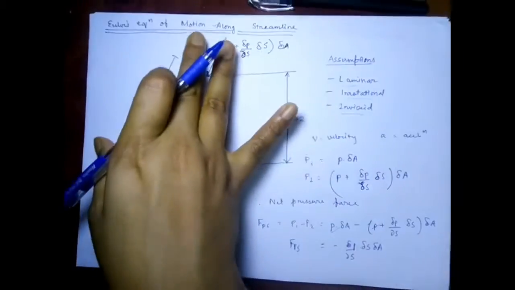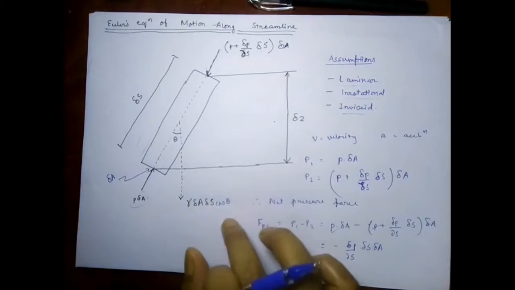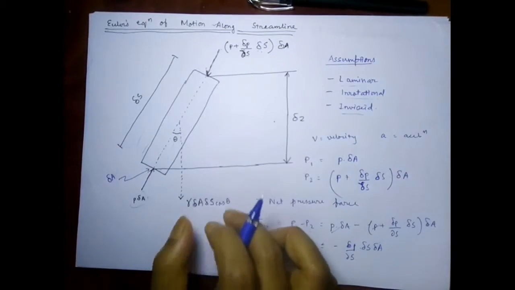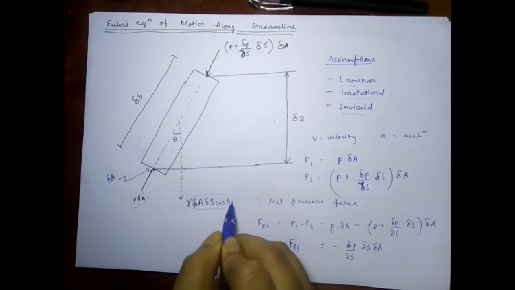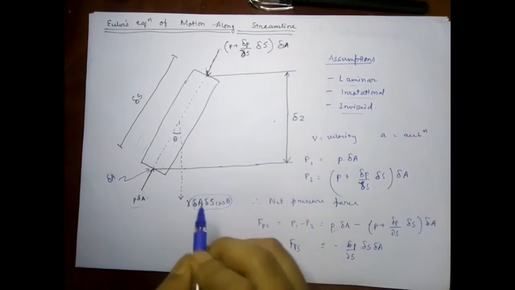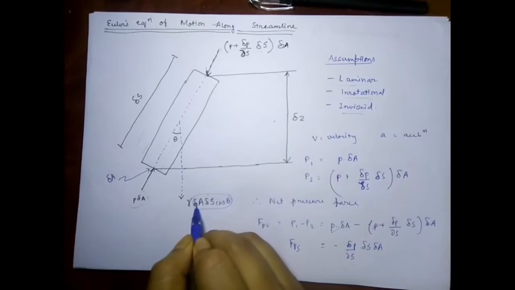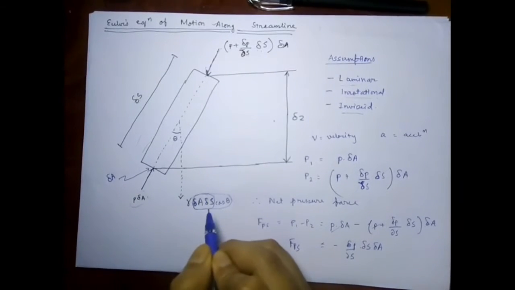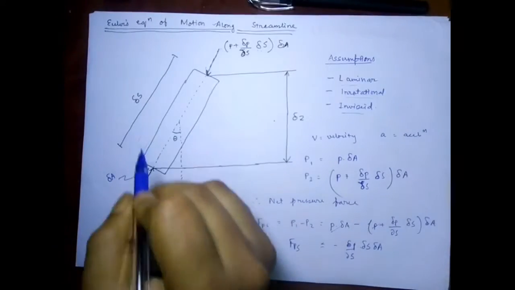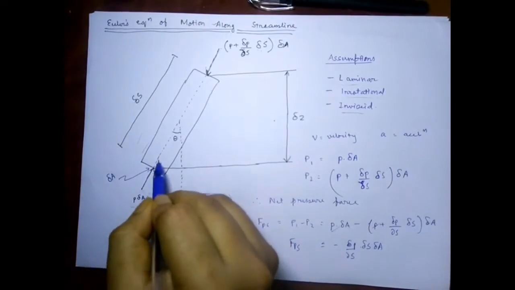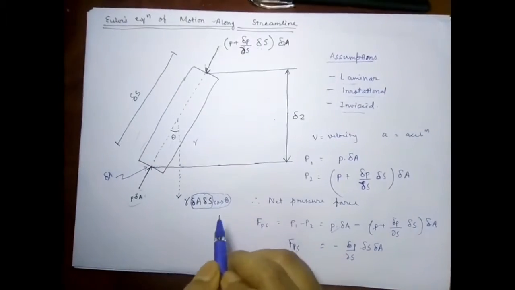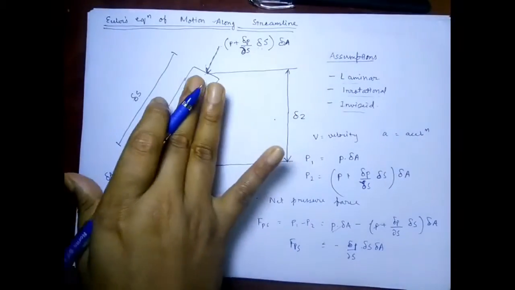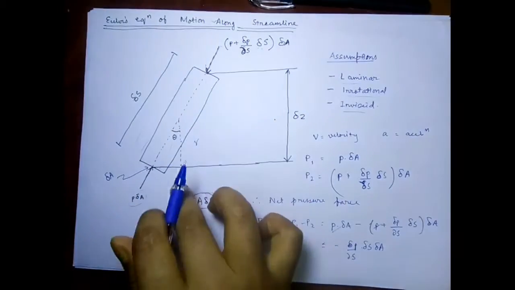On resolving, this will be delta S cos theta, and delta A is the area, so delta A times delta S is the volume, and gamma is the specific weight of the fluid, and cos theta is the component of the weight because it has an angle of theta.